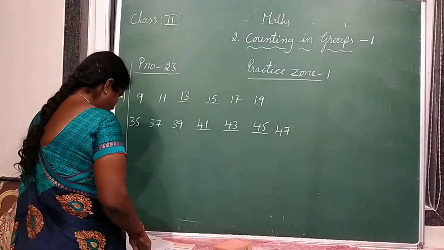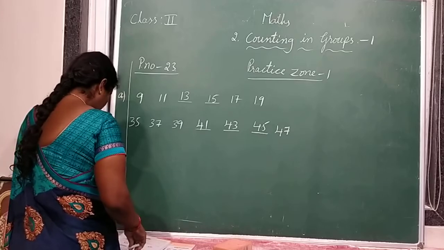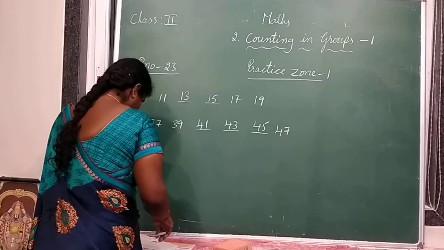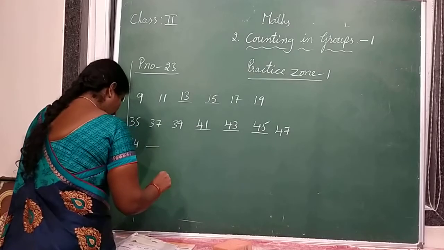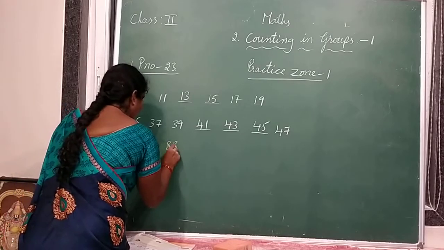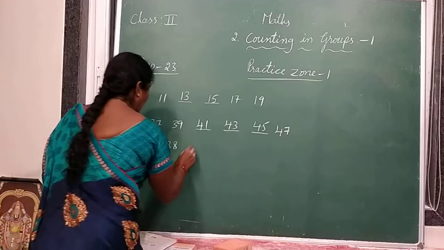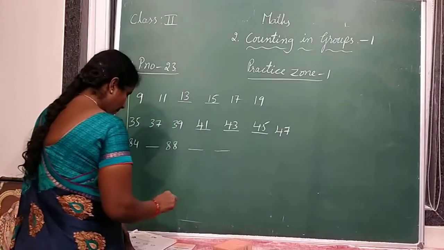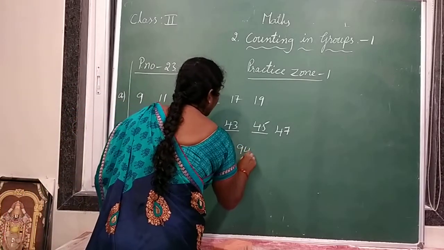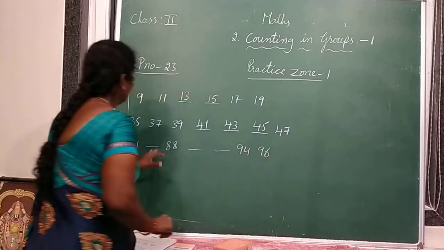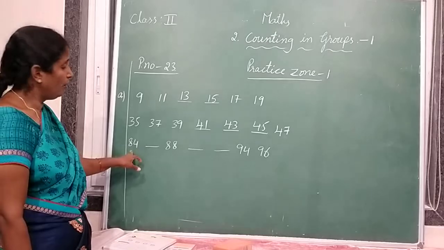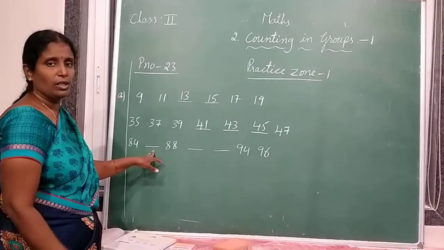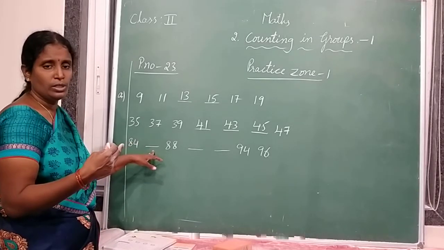Next one, 84, 88, 94, 96. Here 84 after, counting in twos.